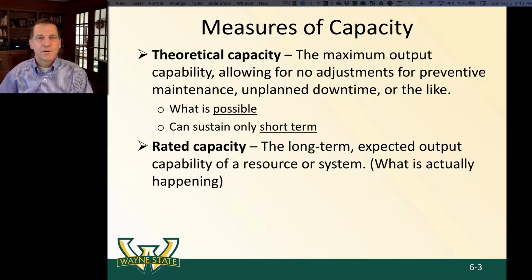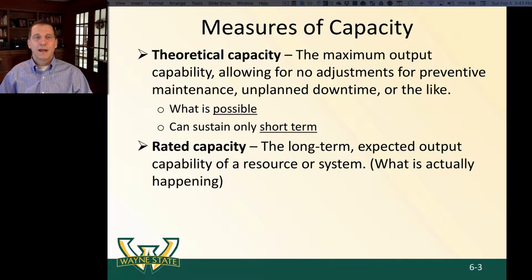So under measures of capacity, we're going to use two simple measures. One is theoretical capacity and one is rated capacity. And it's important to know the difference between the two. It's very logical and intuitive once you think through the definitions.